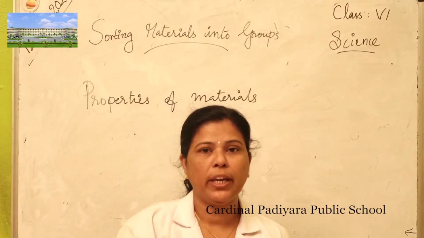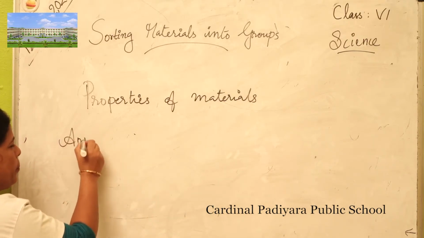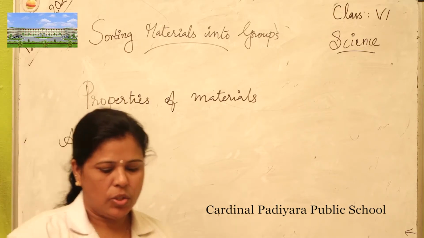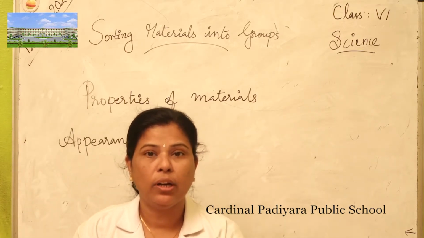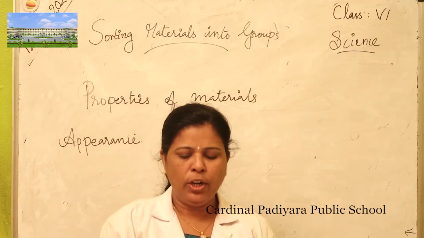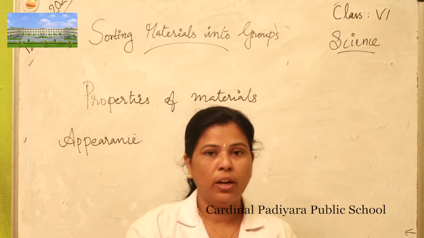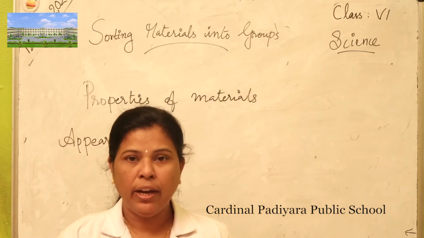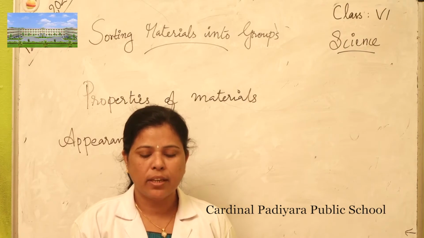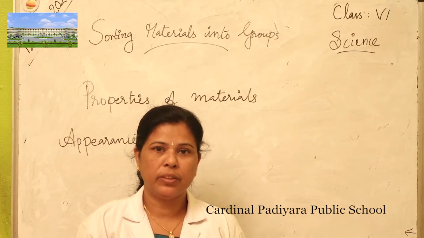The first property of materials is their appearance. Materials usually look different from each other. Wood looks very different from iron. Iron appears different from copper and aluminium.